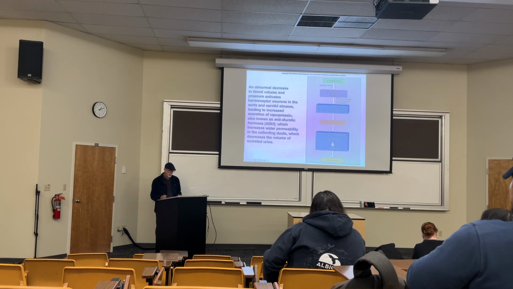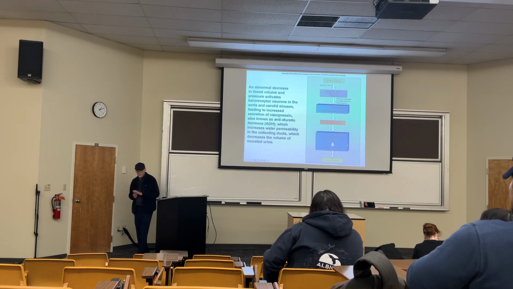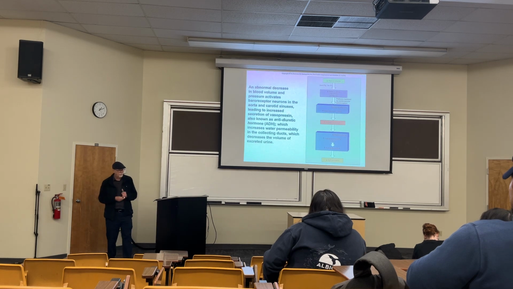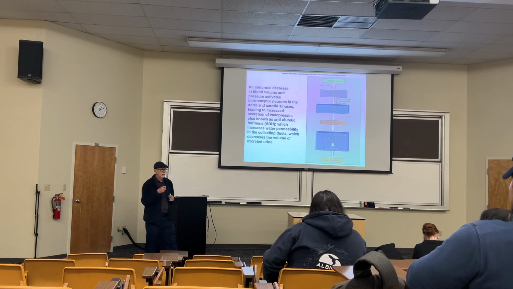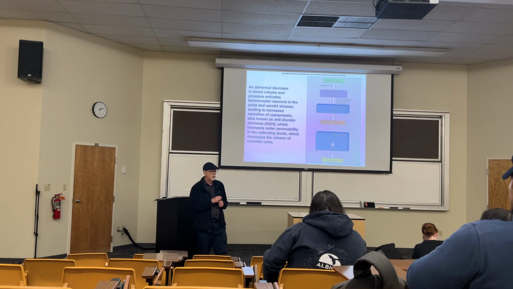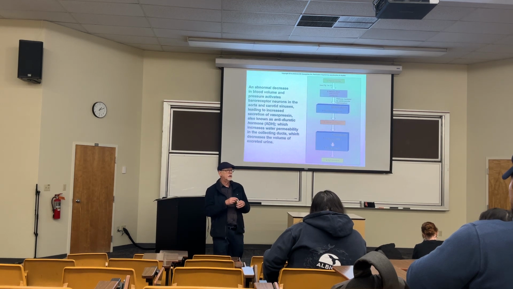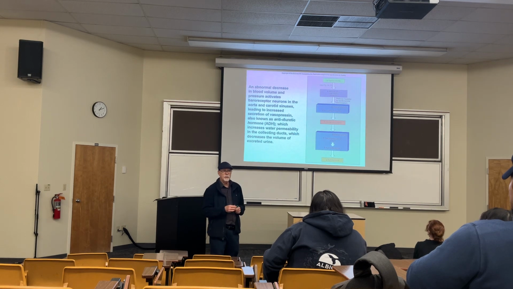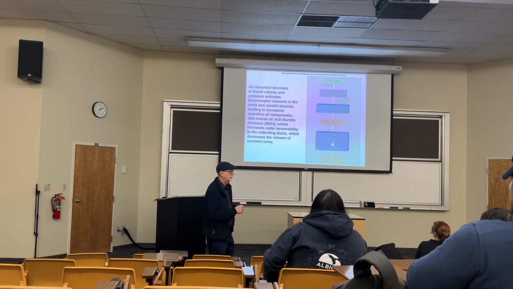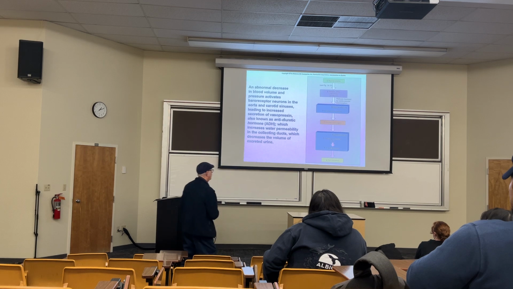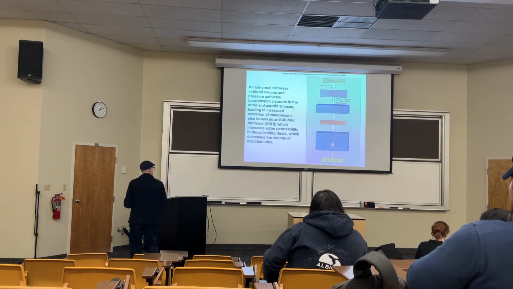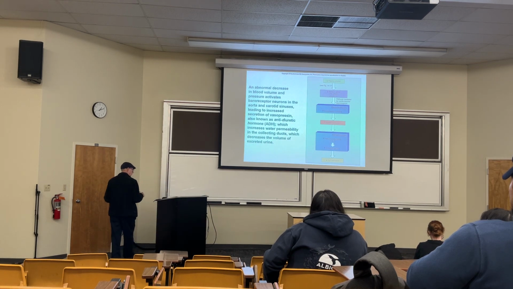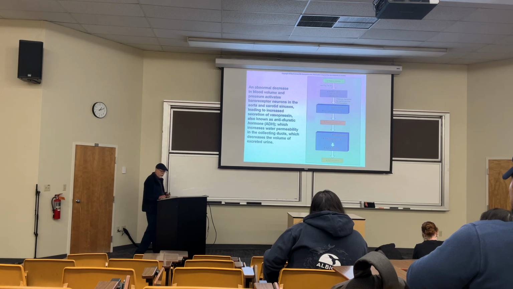ADH, or vasopressin, will go and have its target cells on the cells of the collecting duct, and that will cause the insertion of aquaporins. And because we built up this hyperosmotic environment with the countercurrent multiplier system, we will draw water out of the collecting duct back into the body, and reabsorb it.